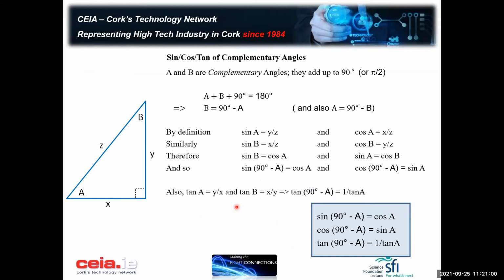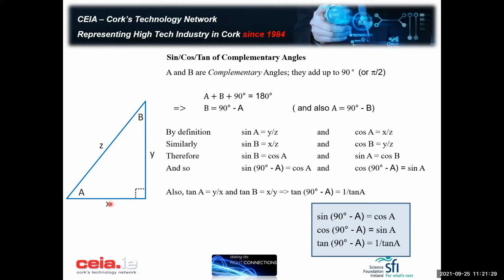What about complementary angles? Complementary angles are ones that add up to 90 degrees. So if you look at a right-angled triangle, if an angle A is on one side of it, then the non-right angle opposite is the complementary angle B, and the two of them obviously add up to 90 degrees.